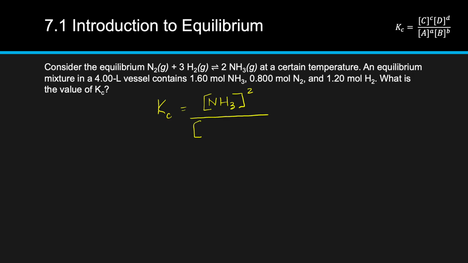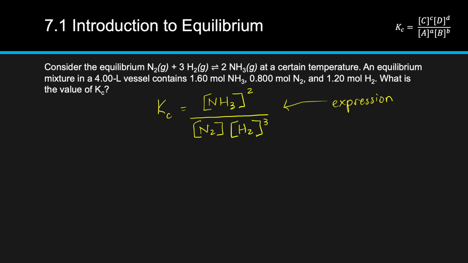So we have N2 raised to the first power, and then we have H2 raised to the third power. So this is what's called our equilibrium expression. And this is quite commonly tested on in AP chemistry, where you have to either write out the expression in an FRQ or identify it in a multiple choice equation.